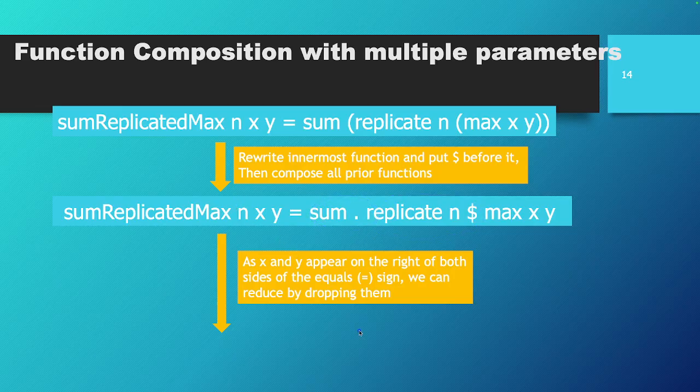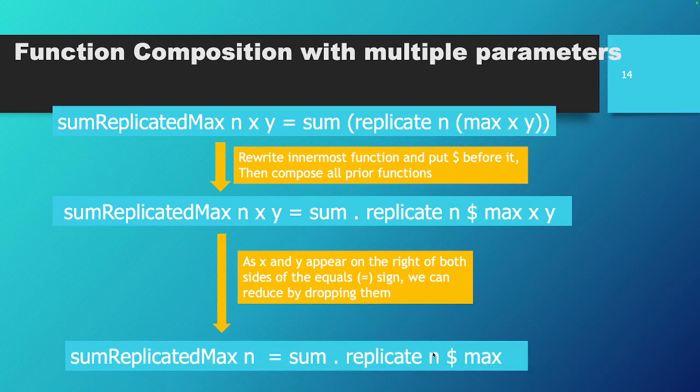Now, how many of those can we get rid of? We can get rid of the x and y because it appears here and here. We can't get rid of n because it appears in the middle.